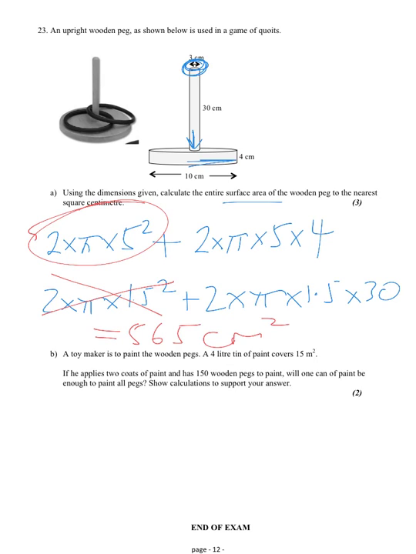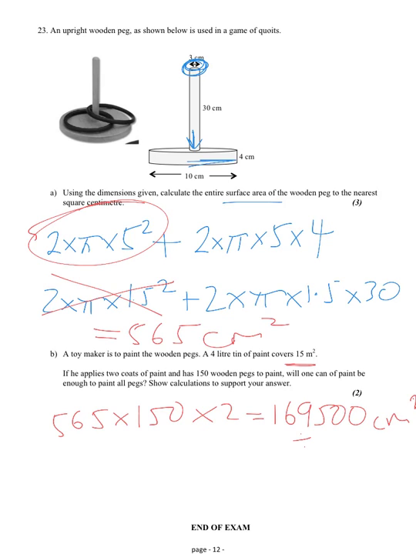Okay, toy maker, well, he's got 150 of those, so we're going to do 150, and we need 2 coats. So we're going to use centimetres squared, and because it's talking about metres squared, we're going to divide this.